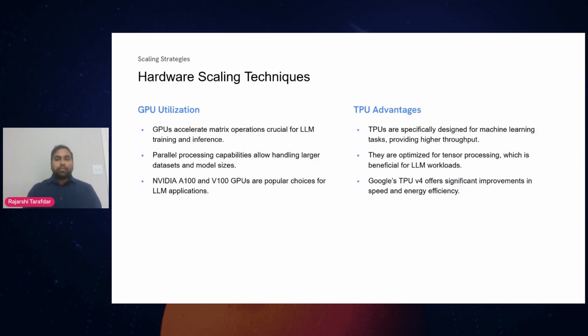So here there are two major scalability techniques for the hardware, and one is the GPU utilization. So GPU utilization accelerates matrix operations for training and inference, and parallel processing capabilities also improve the GPU utilization a lot.